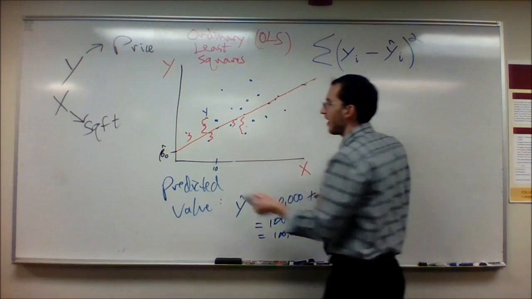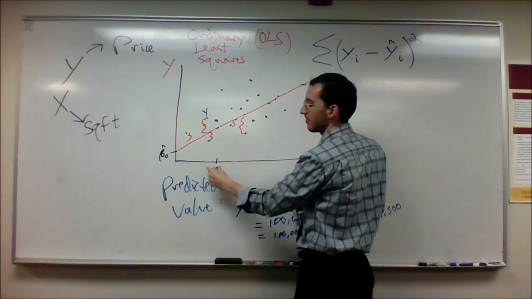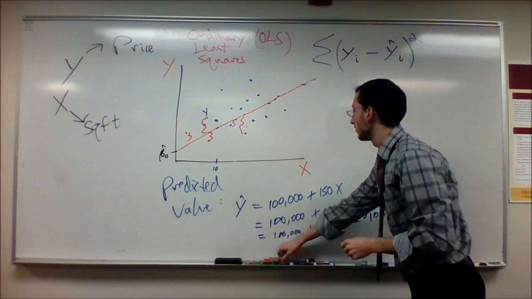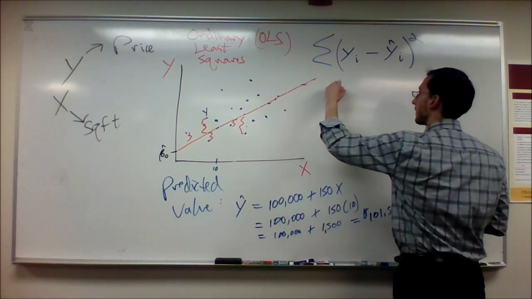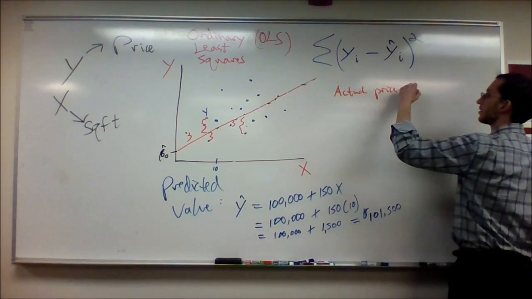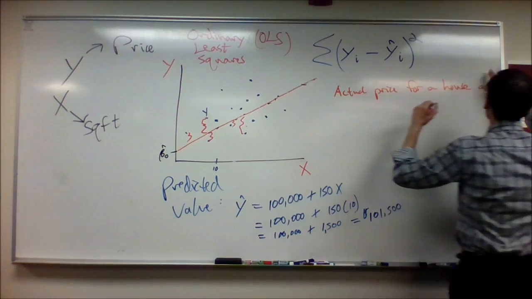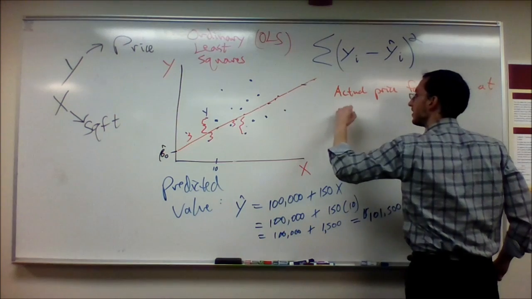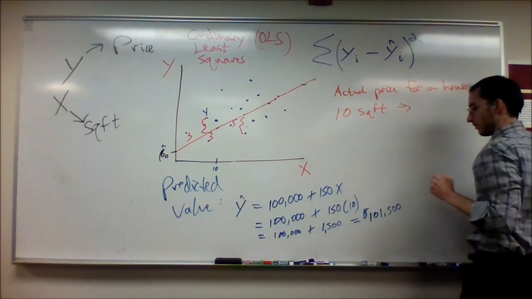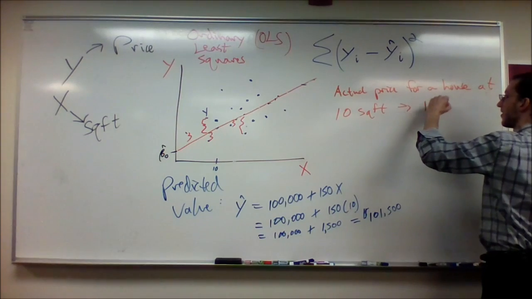So again, the predicted values are all on this line here, but let's say I actually have a house that's 10 square feet in size, and let's say the actual price for a house at 10 square feet is equal to 110,000.